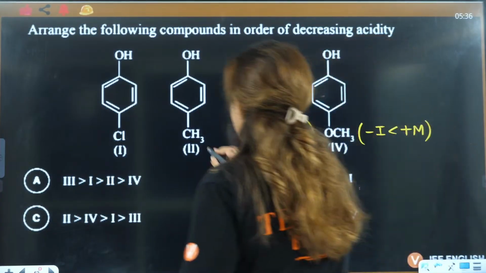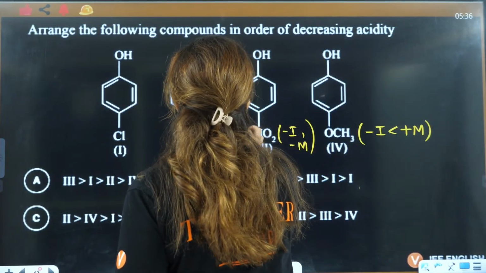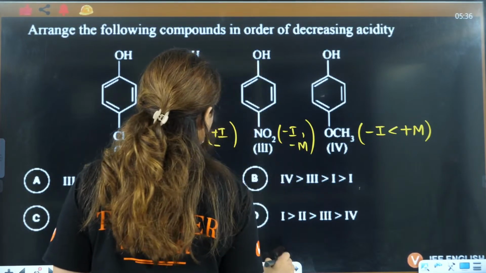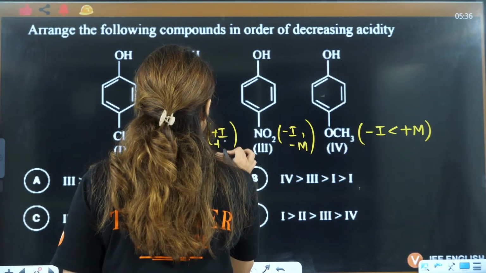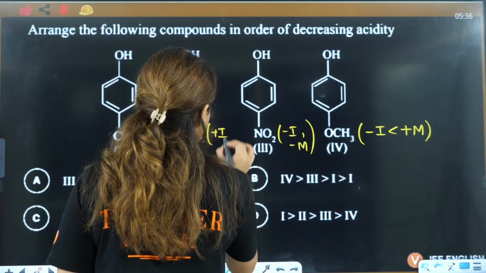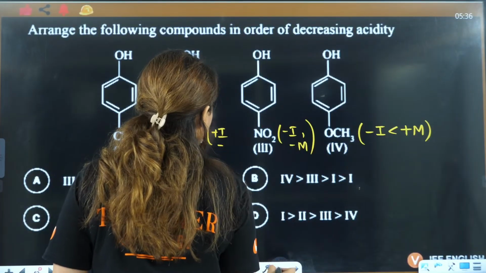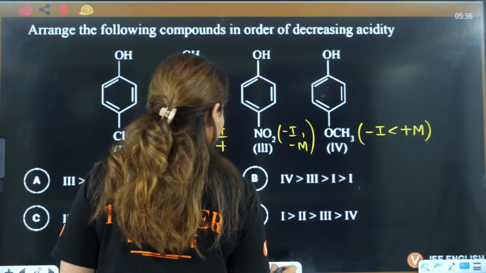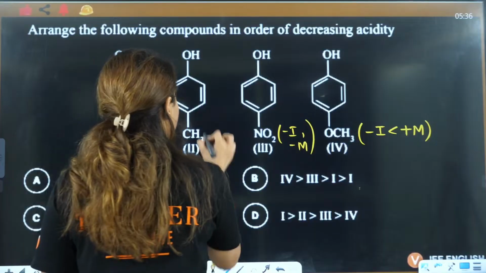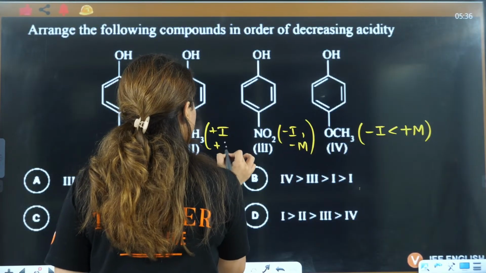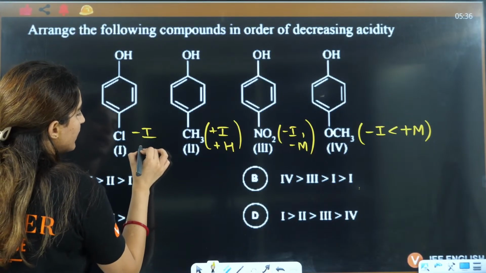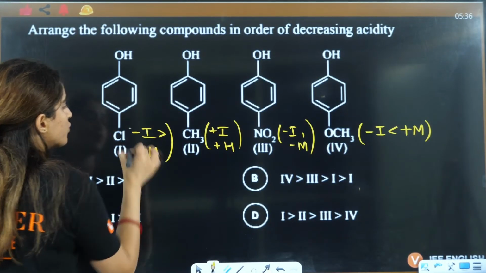This will show +I and +H, hyperconjugation. I am not able to write that here. Very irritating, sometimes things get. Now here it is -I and +M, where -I is more dominating.